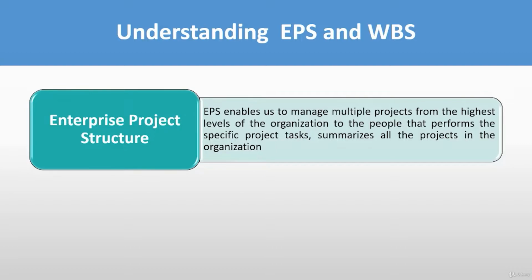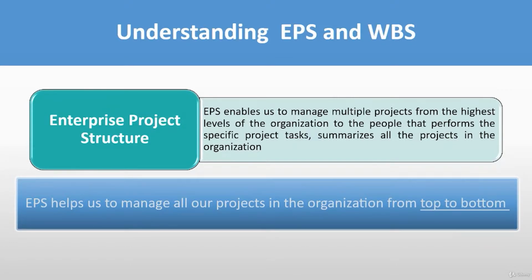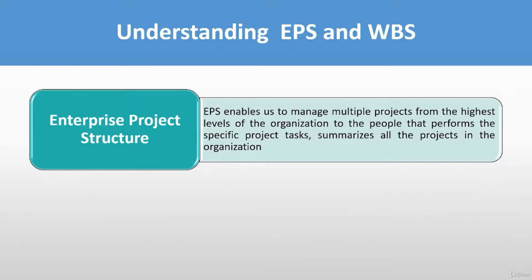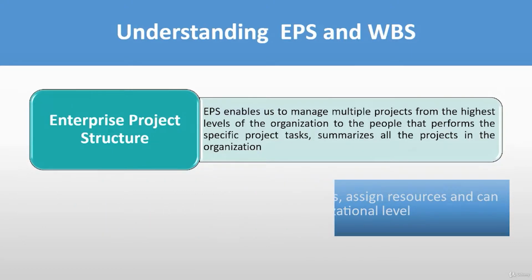That means it summarizes all the projects in the organization. EPS helps us to manage all our projects in the organization from the top to bottom. We can manage all our company projects, budgets, assign resources, and can do the project's cost analysis at organizational level.